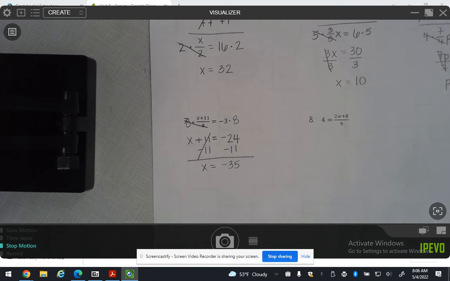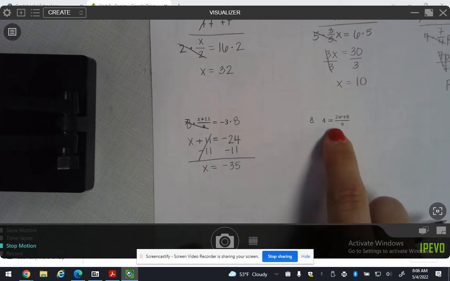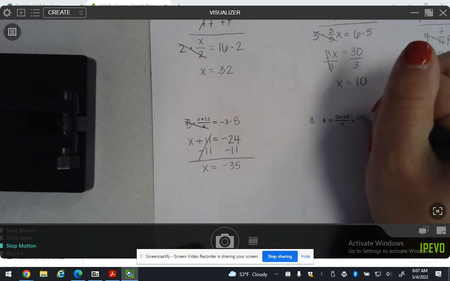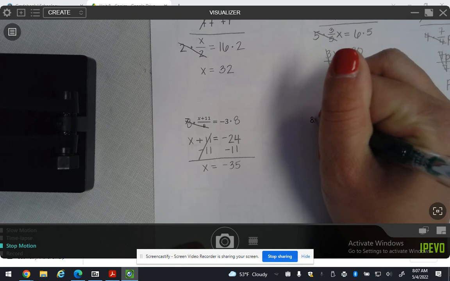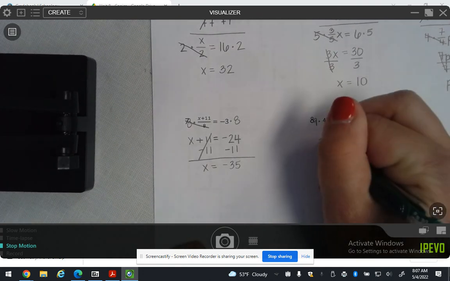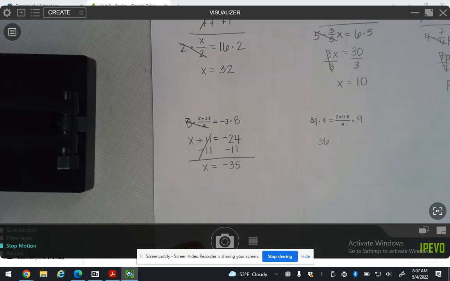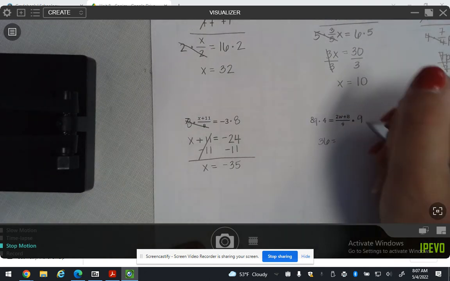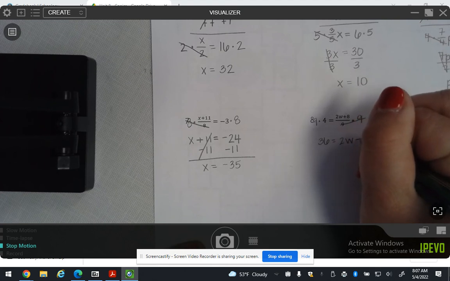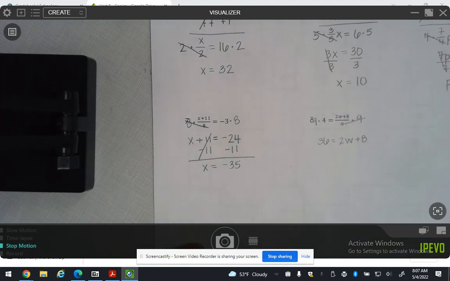Okay. What's the first thing you did on number 8? You cover up the... You got to multiply by the 9 because you got to get that fraction gone. Okay. So 9 times 4 is 36. The 9's cancel. 2W plus 8.